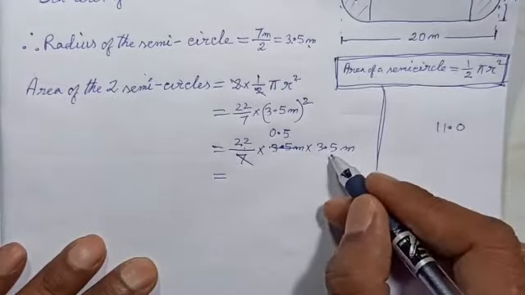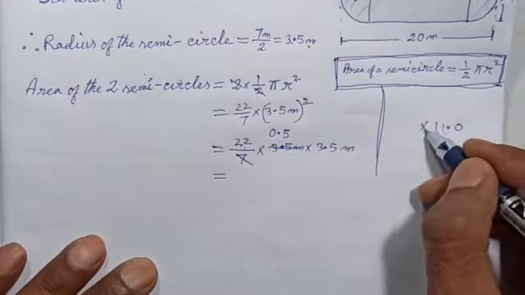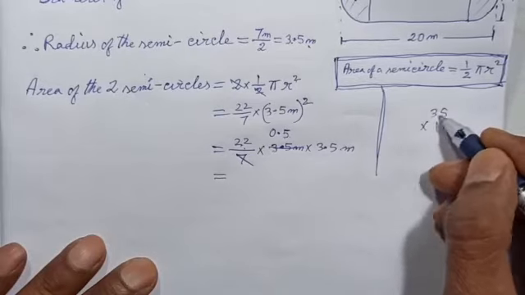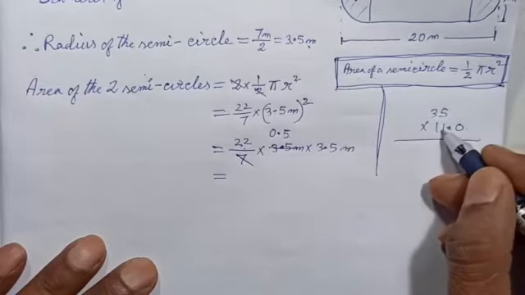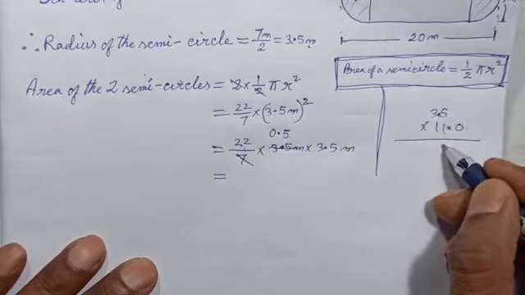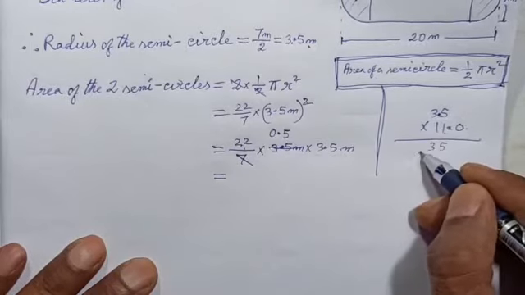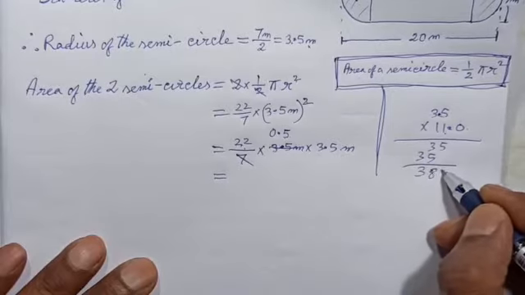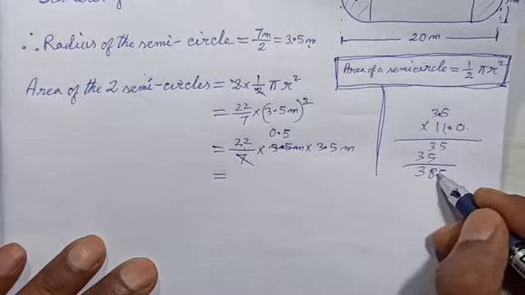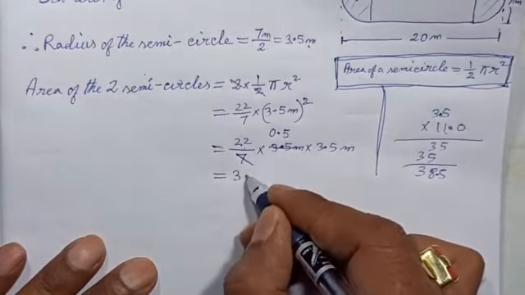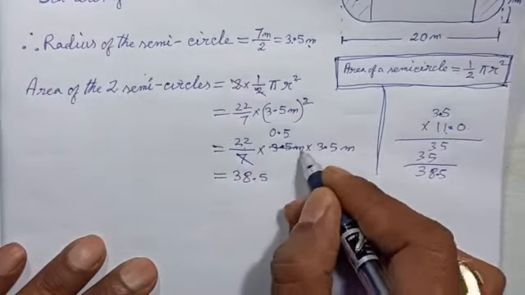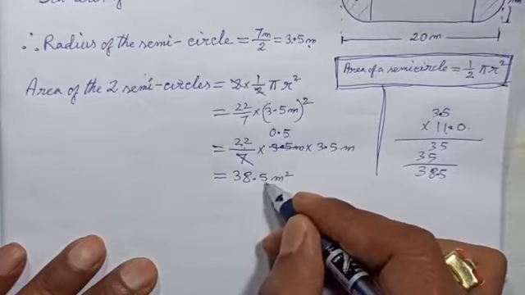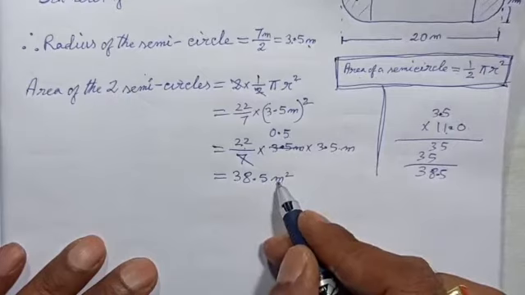Now let us multiply this by 3.5. So 0.0 we can leave. Here is the point. So 35, 35. If we add together, we'll get 385. Here is the decimal point, so the point will come here. That means we are getting 38.5 meter into meter is meter square. So this is the area of the two semicircles.